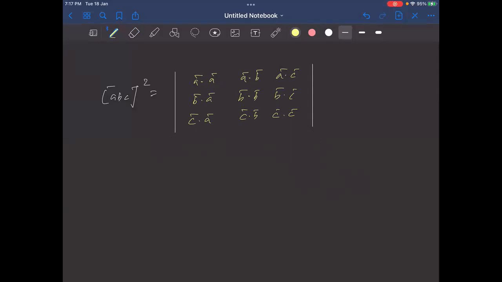Anyone has seen it? Have you seen this formula of STP of ABC square? Just say yes or no. Otherwise, I'll explain.